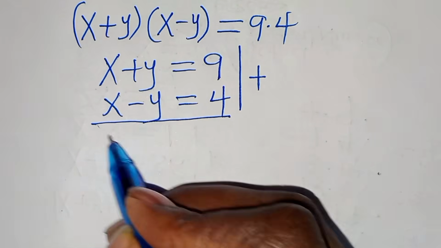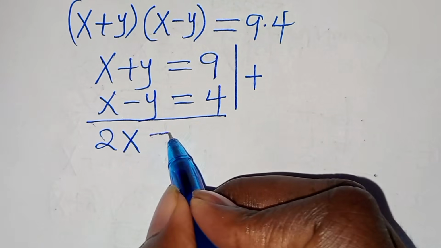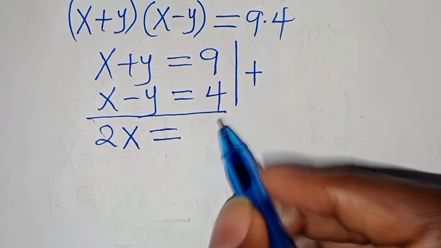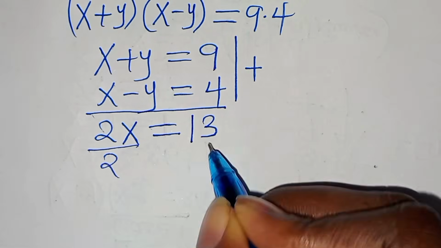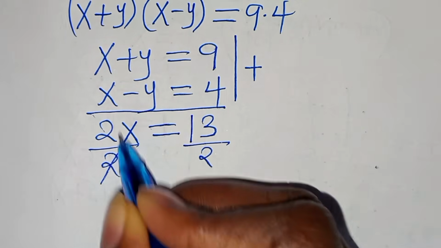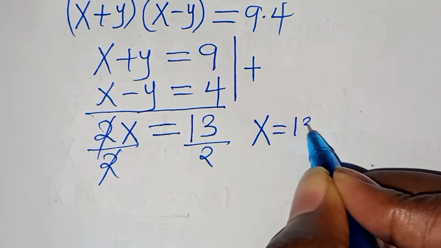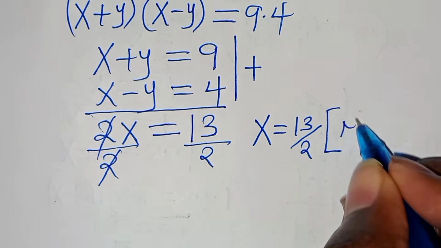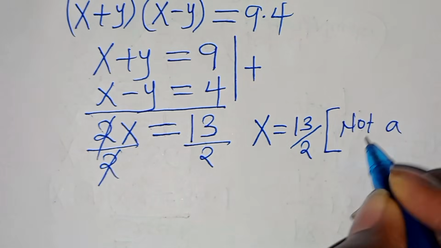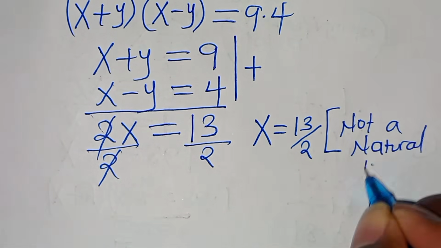X plus x is 2x, y plus minus y simplifies. Then we have 9 plus 4, this is equal to 13. So let's divide both sides by 2, and this implies that x is equal to 13 over 2. Again, this is not a natural number.